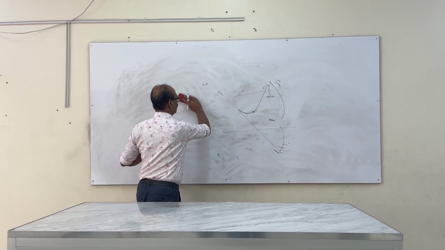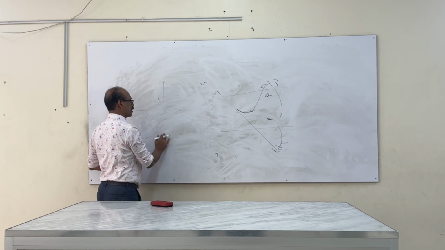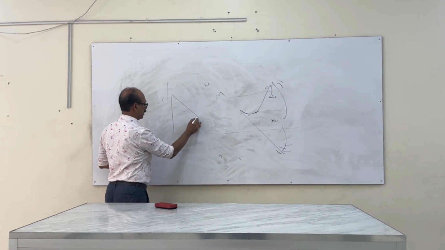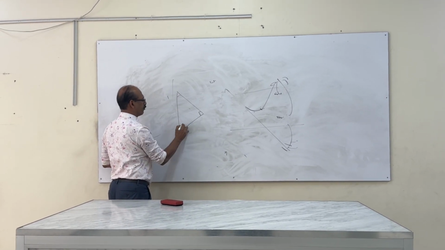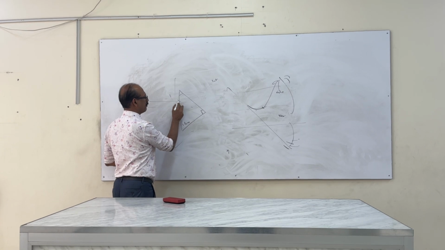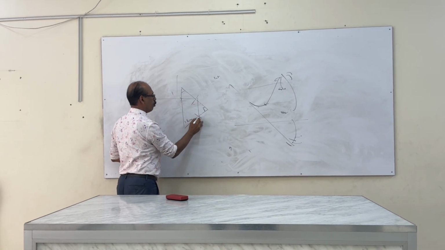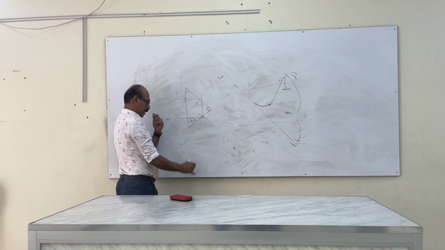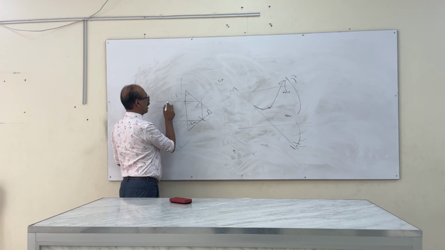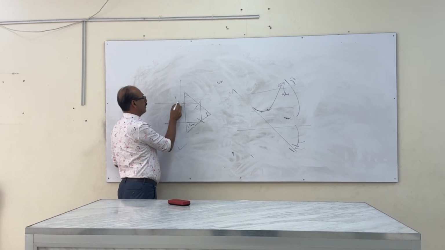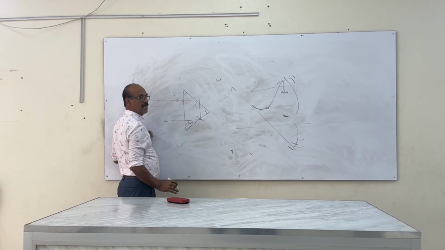Another thing, TIR prisms. In a TIR prism, for example, this will be a 90 degree angle, and these two are 45 degree angles. If the light ray falls here, it will go through a 180 degree deviation. For example, here the angle of incidence is 0, the angle between the incident ray and the normal is 0.